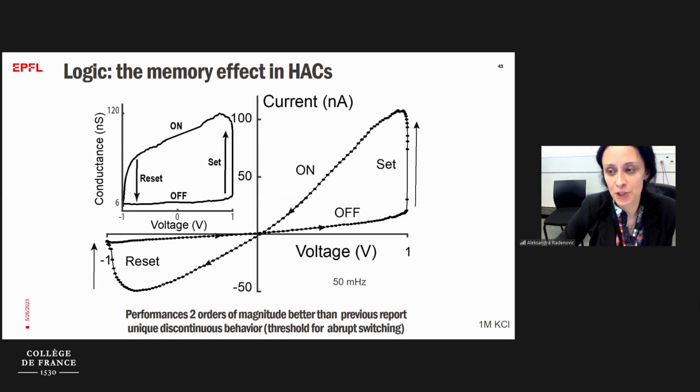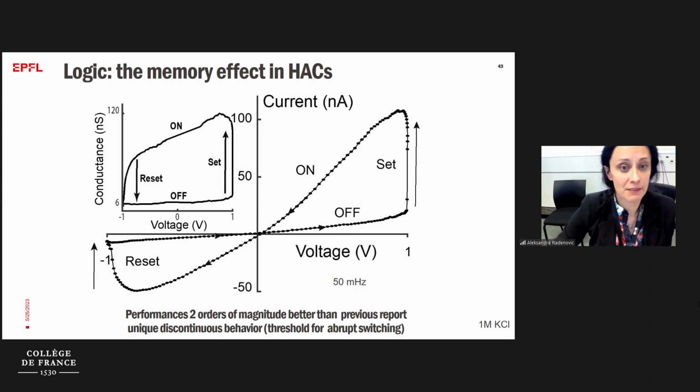Upon application of the sinusoidal pattern, we see a signature of a clear bipolar memristive system with a special twist: there is an abrupt switching at a specific state. So we can define the system in an off or on state, depending on when this switching occurs.